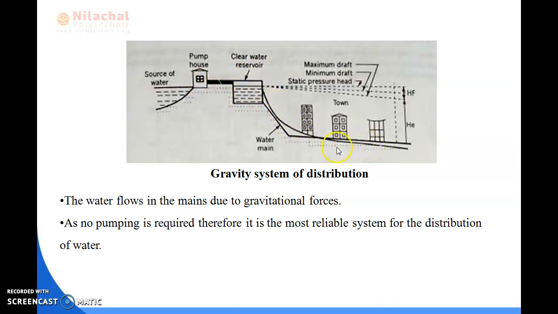So if the source of water is higher than the city, then we can use the gravity system of distribution, and mainly no pumping is required in this system because the water can flow due to the gravitational force. So this is all about the gravity system of distribution.